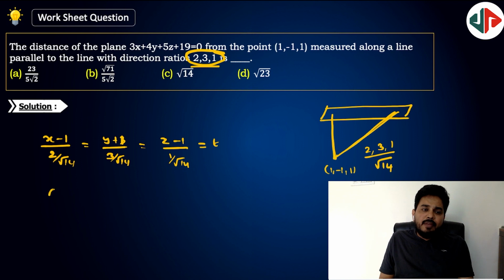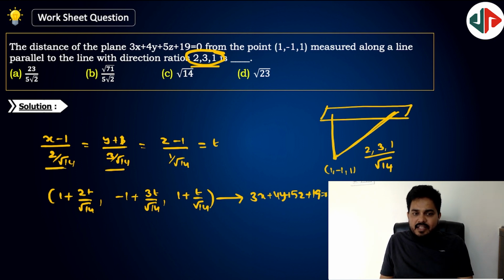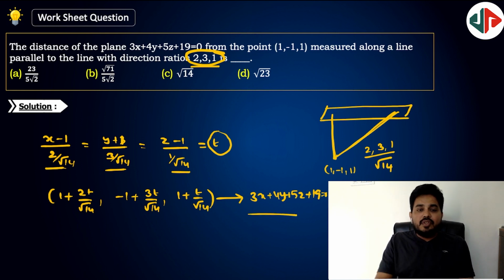So any point will be (1 + 2t/√14, -1 + 3t/√14, 1 + t/√14). This point lies on 3x + 4y + 5z + 19 = 0. Because these are the direction cosines, t is the distance, and you will get it straight away.